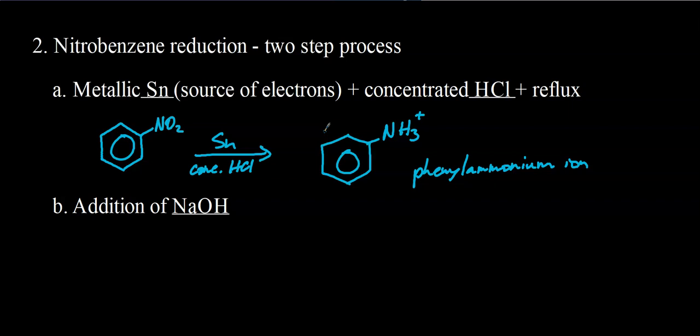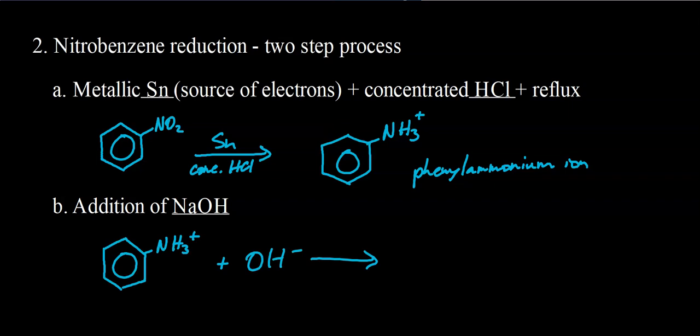Next step involves the addition of sodium hydroxide. The sodium is just a spectator ion, so all we care about is the hydroxide here. So let's take a look at that. And so the addition of hydroxide is going to remove one of the hydrogens from the phenylammonium ion. And so we're going to end up with our organic product, which is aniline or aminobenzene, and we get water.